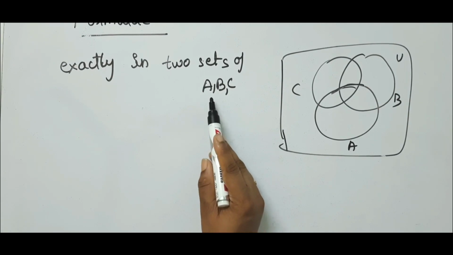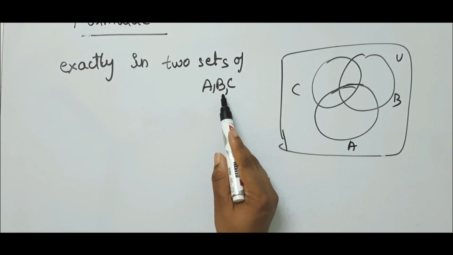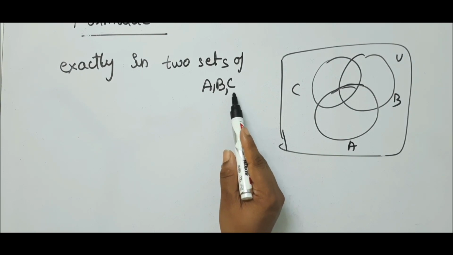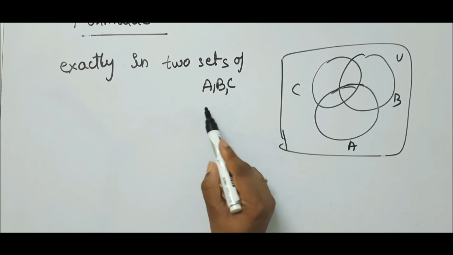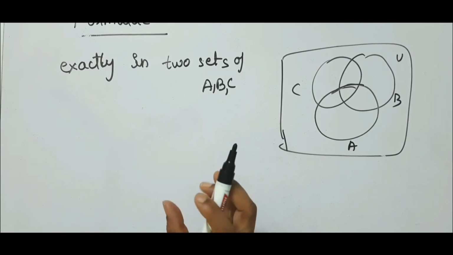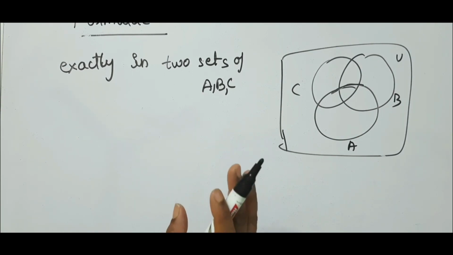The elements can be common in sets A and B, or common in sets B and C, or common in sets C and A. So they give the number of elements which are the common elements of any two sets of A, B and C.